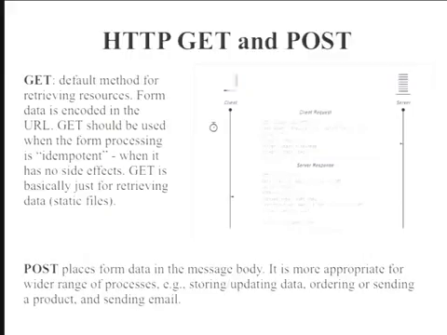GET is the most common and the most generic form of sending up query information. It is basically writing the query variables into the URL. I'll show you that explicitly in the next example.